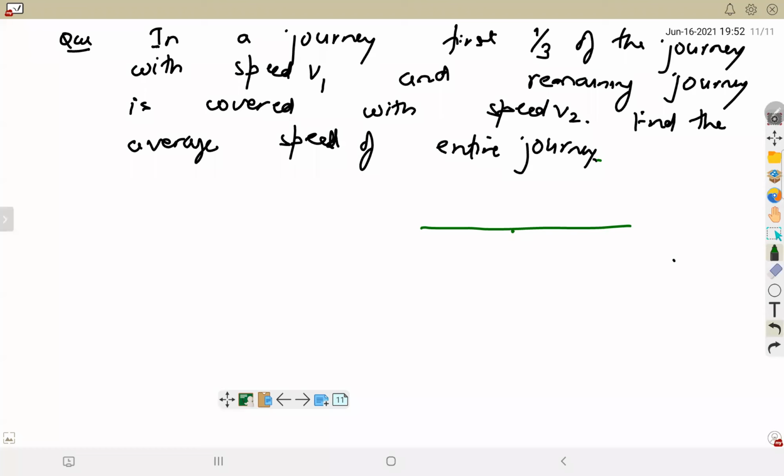If you consider this whole journey to be 3s distance, then s is 1/3 and 2s is 2/3. The first distance s is covered with speed v1, and the next 2s with speed v2. Suppose the time taken in the first part is T1 and in the next 2s is T2.